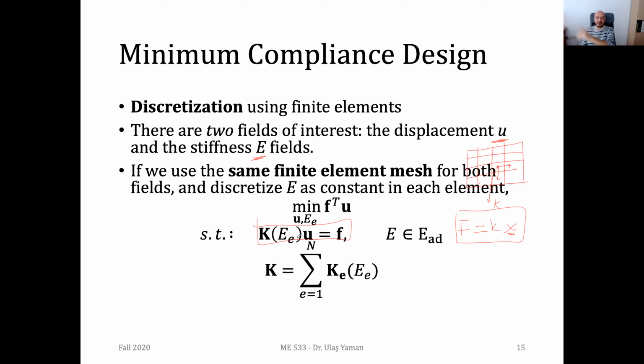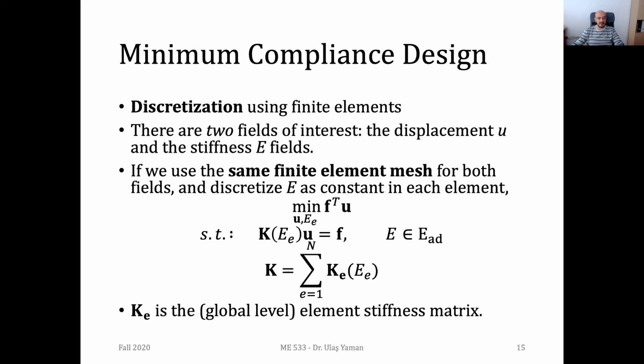In any step of your optimization, these equations should be satisfied. The other one is about the stiffness: the summation of the stiffness of the elements should be equal to the resulting stiffness. So obviously K is the global stiffness matrix.